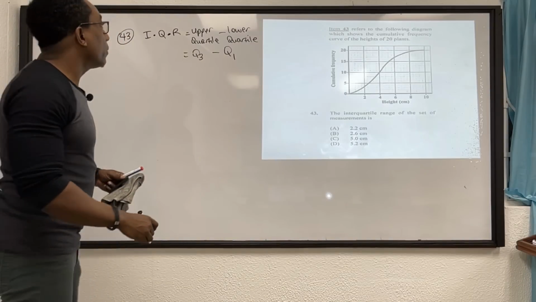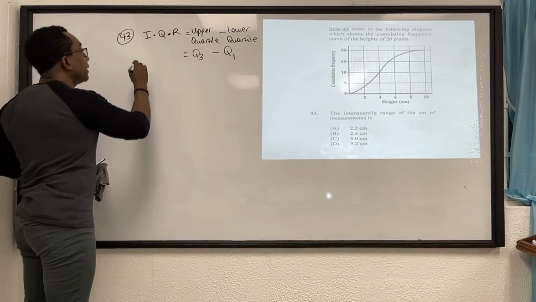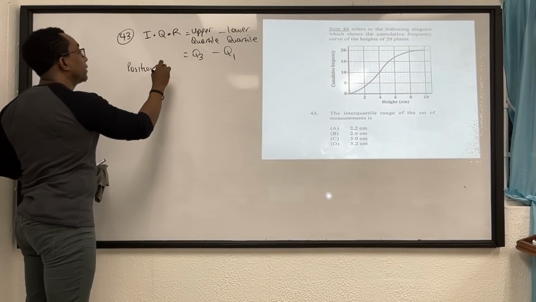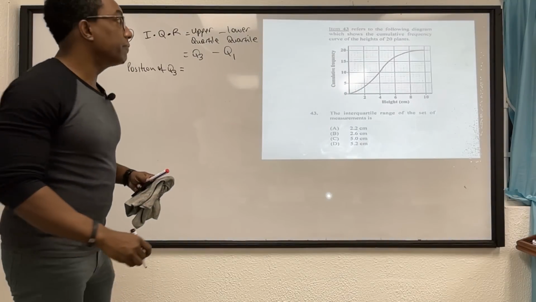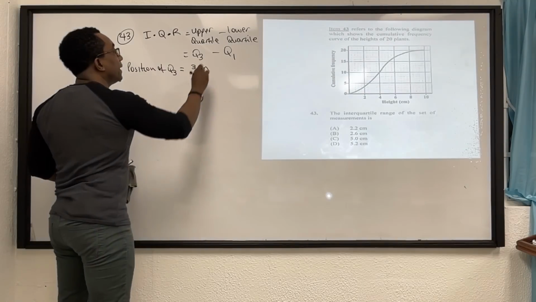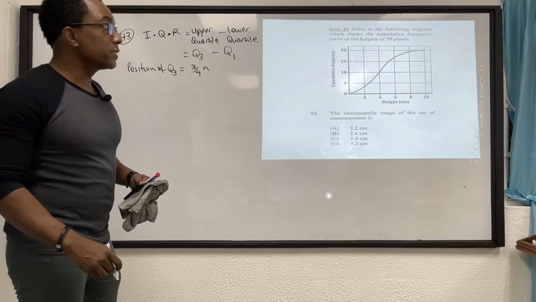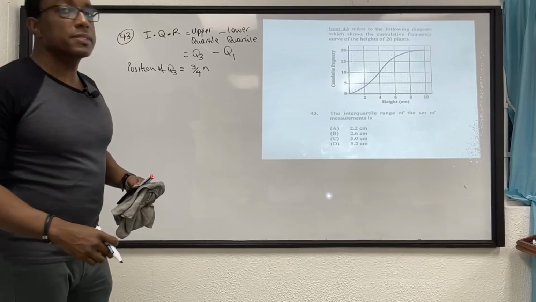So for the upper quartile, Q subscript 3, first we have to locate the position of Q3. The position of Q3 is found by finding 3/4 n, 3/4 of the total frequency, or the highest value on your cumulative frequency axis.